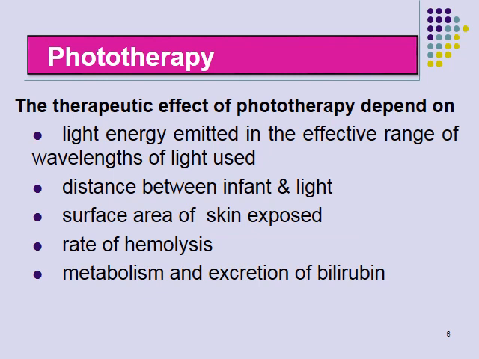The therapeutic effect of phototherapy depends on light energy emitted in the effective range of wavelength, distance between infant and light, surface area of skin exposed, rate of hemolysis, and metabolism and excretion of bilirubin.